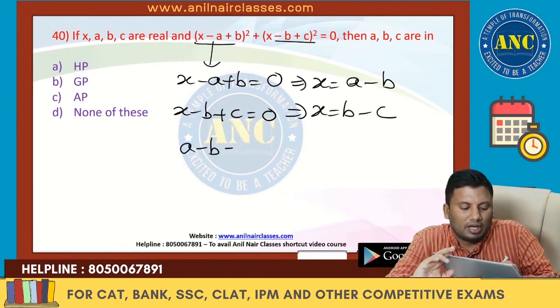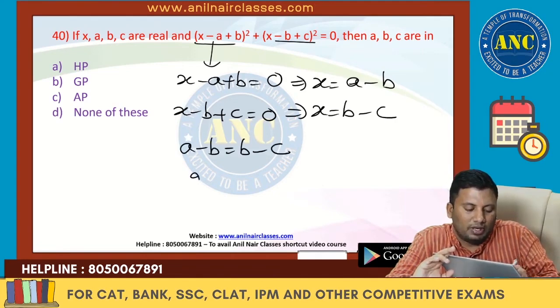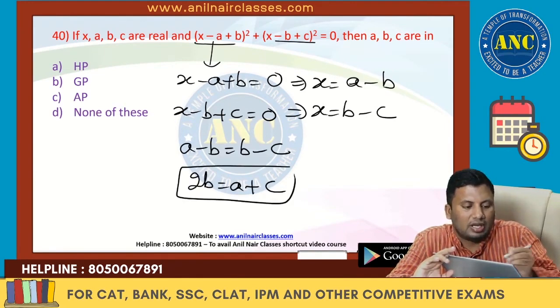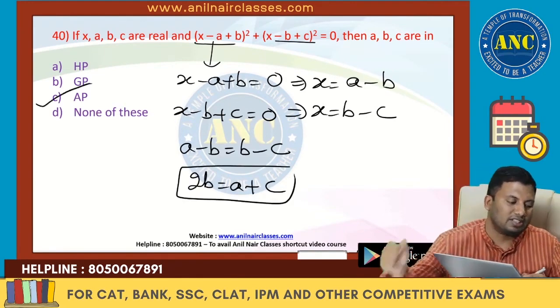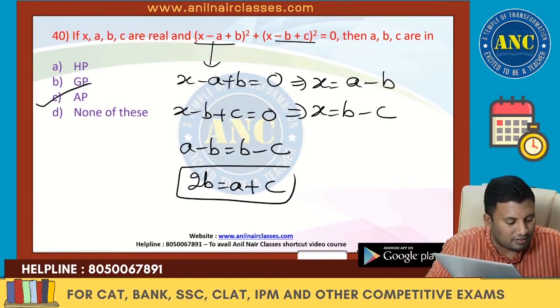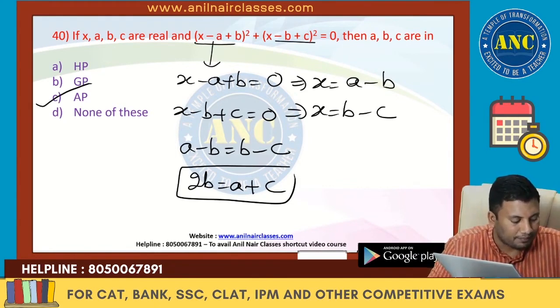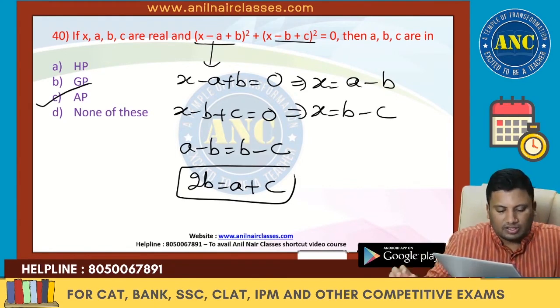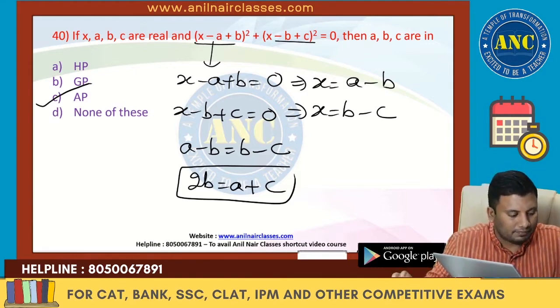Both are same. A minus b equivalent to b minus c. 2b is nothing but a plus c. 2b equivalent to a plus c is nothing but these values are in AP.